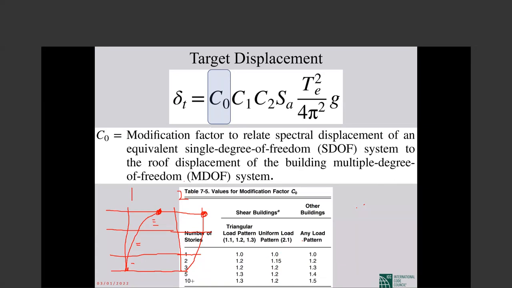Second story, bottom and top, much less. The third story is almost the same, much less. So if you want to increase the stiffness of the top stories, you better use systems with a shear type deformation.